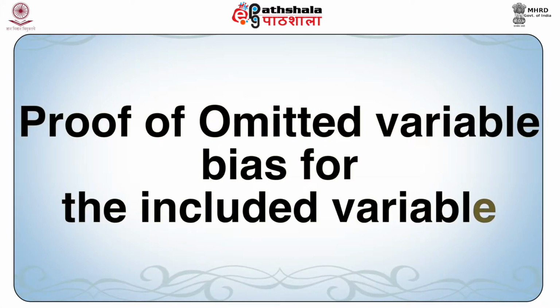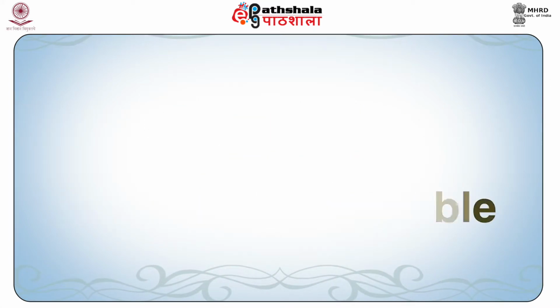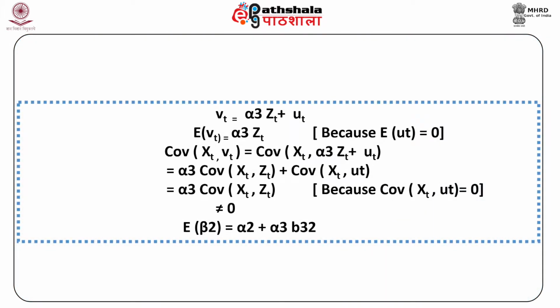Proof of omitted variable bias for the included variable. For estimating equation 3.2, it appears that Vt is equal to alpha 3 zt plus mu-t. Expectation of Vt is equal to alpha 3 zt because expectation of mu-t is 0.